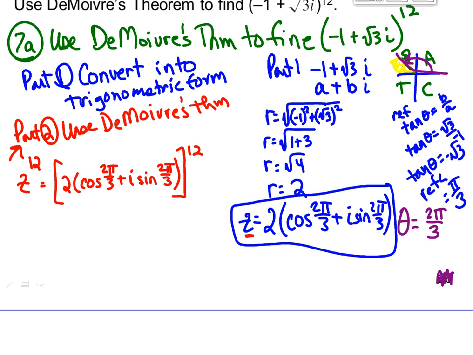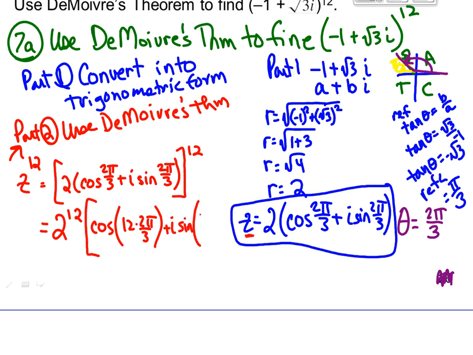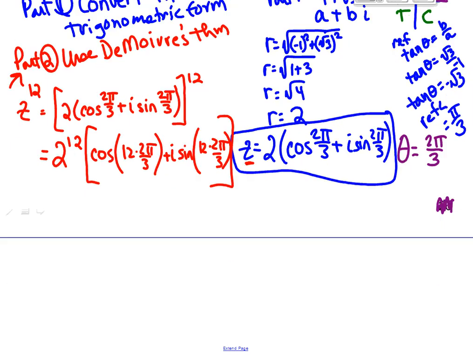So when I write this then, I'm going to say this is 2 to the 12th bracket cosine of 12 times 2 pi over 3 plus i sine 12 times 2 pi over 3. And so the 12 is no longer in that top right corner. I've kind of distributed it through the problem, and so I just keep working from here.